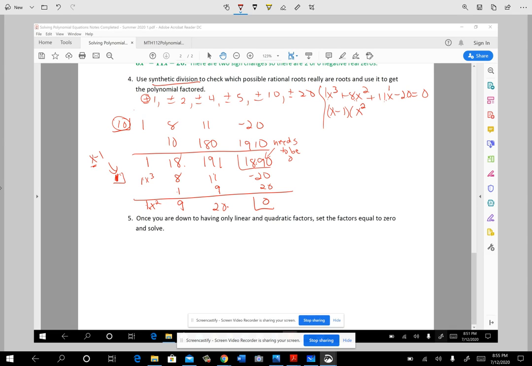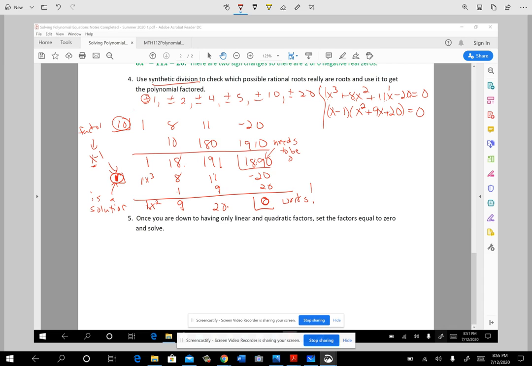So we really have x to the second plus 9x plus 20. This is like the a, the b, and the c on the quadratic. So when we got a remainder of 0, that means it works. That means this is a solution to the equation, which means that it is a factor.